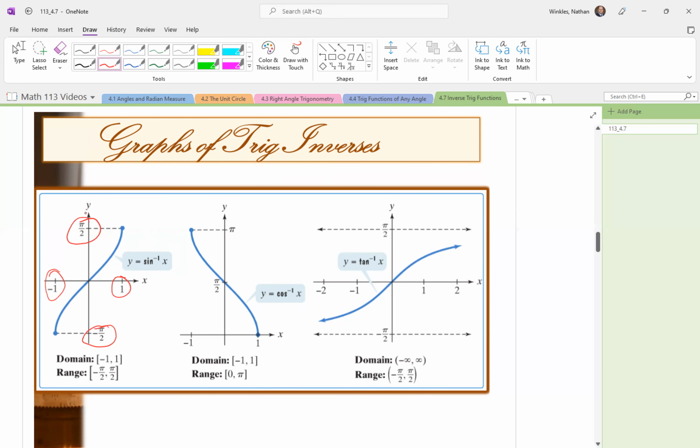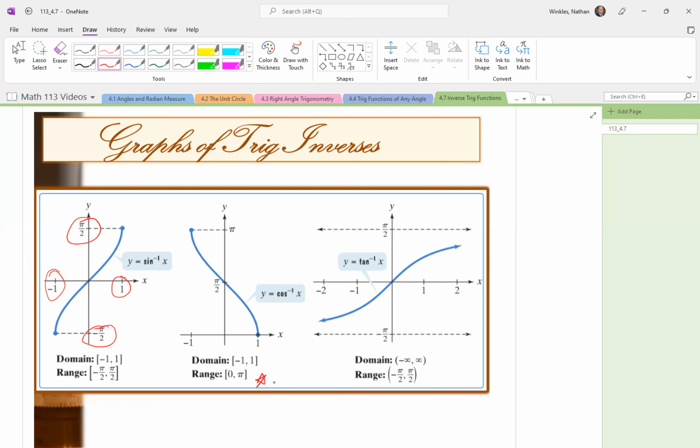So the range of the original function was between -1 and 1, and the domain was between negative pi over 2 and pi over 2 for sine. When we go to its inverse, we just switch them. It's the same exact thing for inverse cosine, the only difference being that its range is from 0 to pi instead of negative pi over 2 to pi over 2.